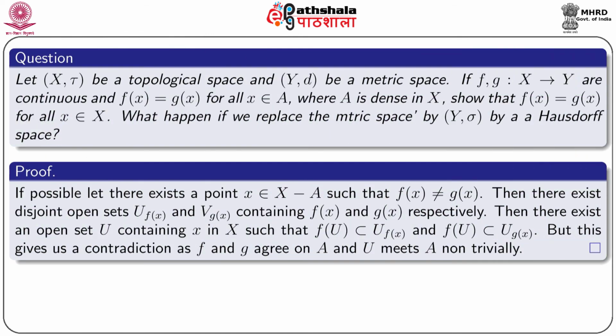Next, we show that a continuous mapping can be determined by a dense subset also. Let (X, tau) be a topological space and (Y, d) be a metric space.